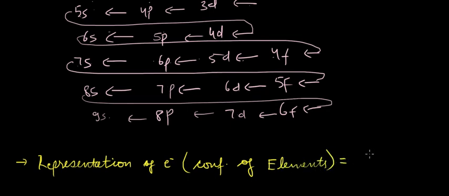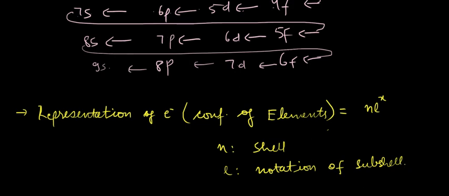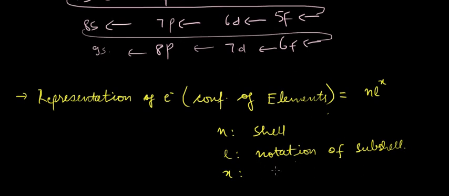It would be n l x, where n would be the shell, l will be nothing but the notation of the subshell, and x will be the number of electrons present in the subshell.